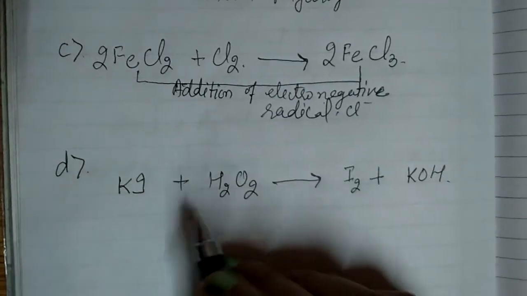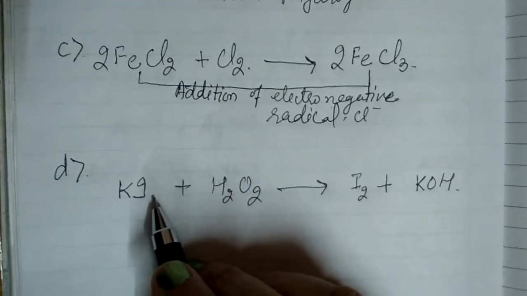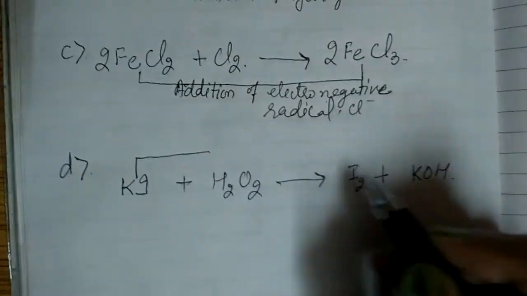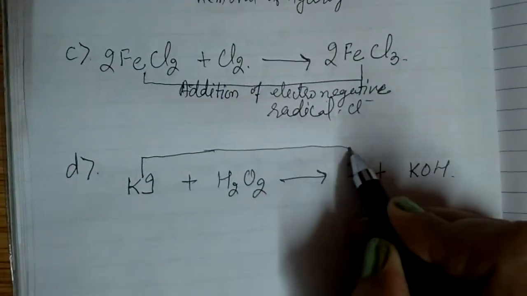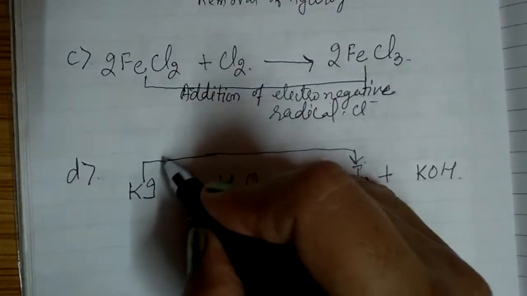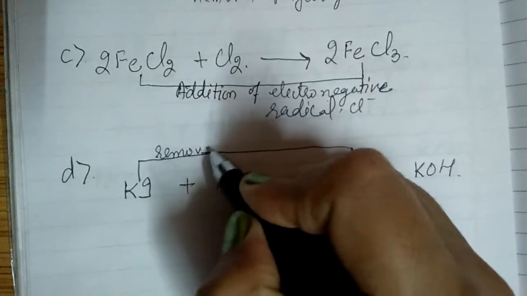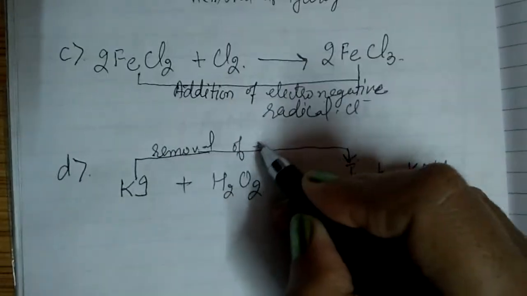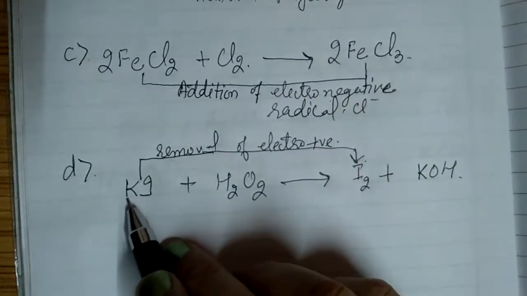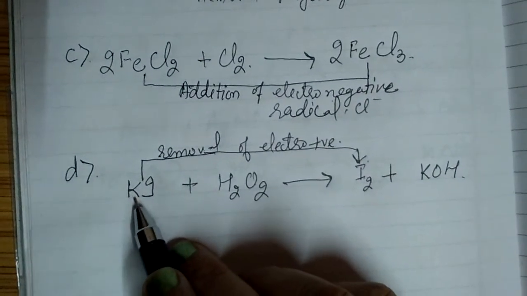So what we see here is that potassium iodide gets oxidized to iodine by the removal of an electropositive radical. Which electropositive radical? That is K positive.